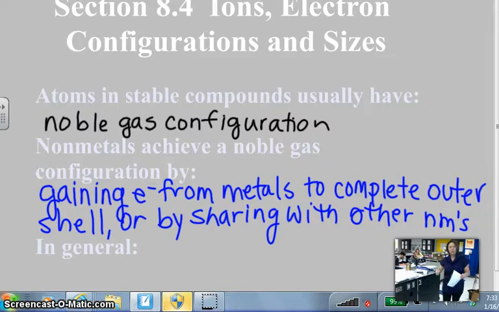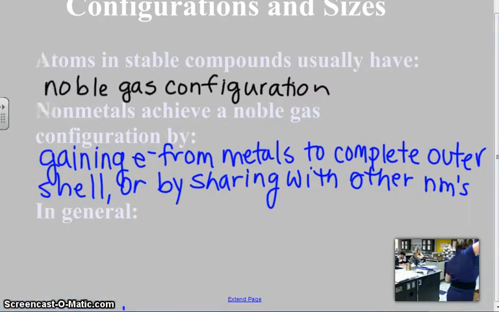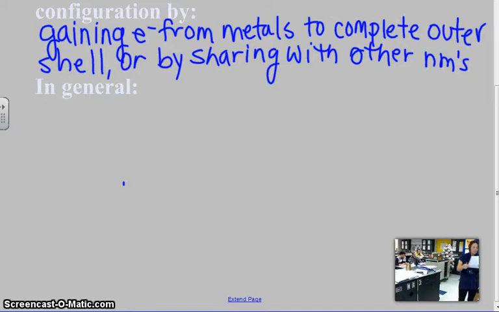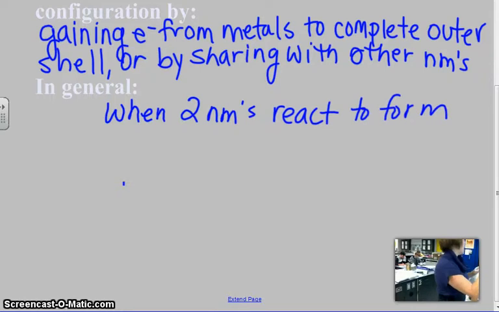So in general, when two nonmetals react, this is the first dot, to form a covalent bond.